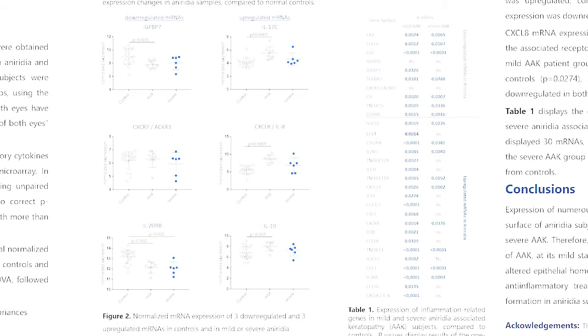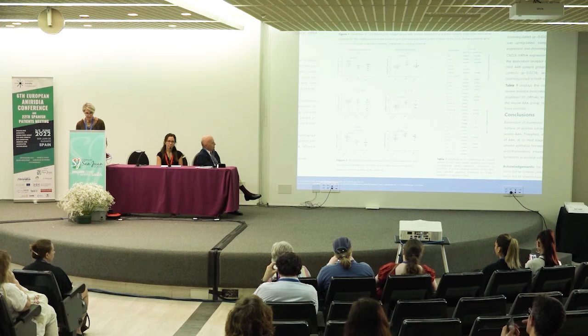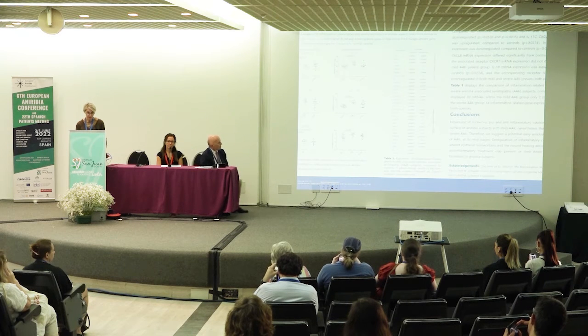You can see that there is a difference in the mild groups, but not really a difference in the severe groups compared to the controls in these selected genes. Sometimes there is, but in most cases the mild forms differ more from the controls than the severe groups. This is what we find interesting.